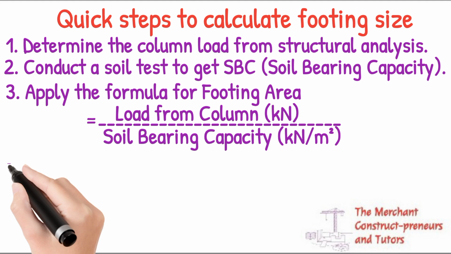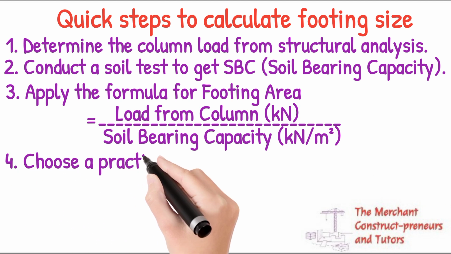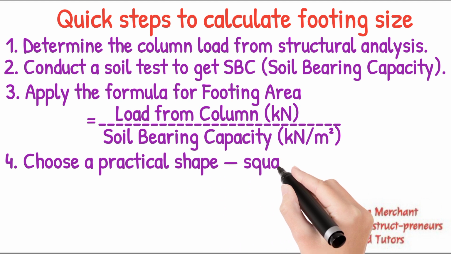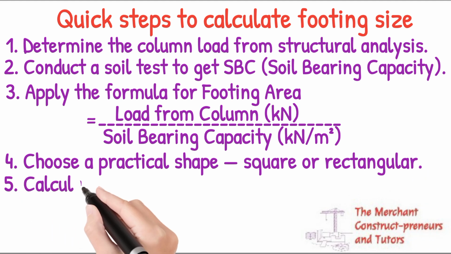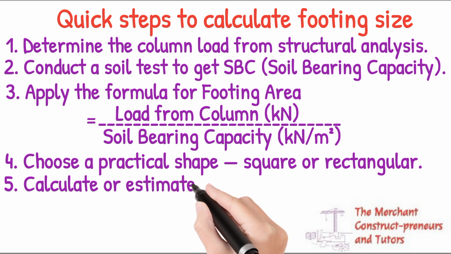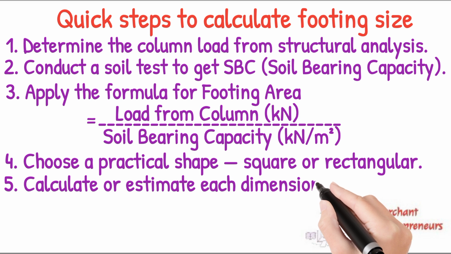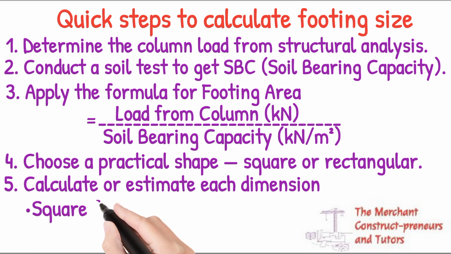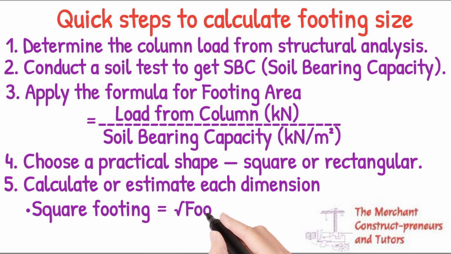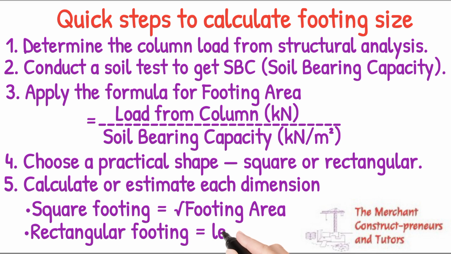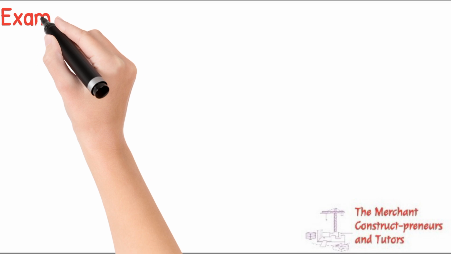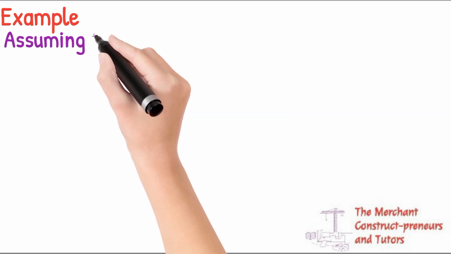We don't just assume that because someone has done something similar, we can copy the same. You need to confirm with a soil test. Then you apply the formula for footing area, which is the column load divided by the safe bearing capacity. After getting the footing area, you choose a shape, whether square or rectangular. For a square, all sides are equal, so you take the square root of the footing area. For a rectangular footing, you have to try two dimensions that will give you the footing area.